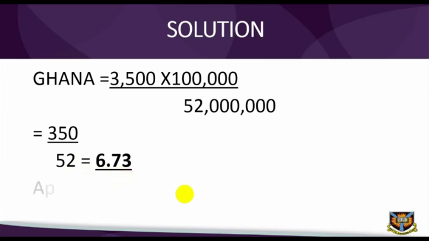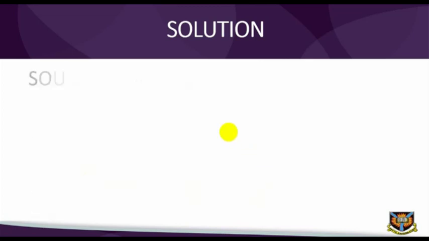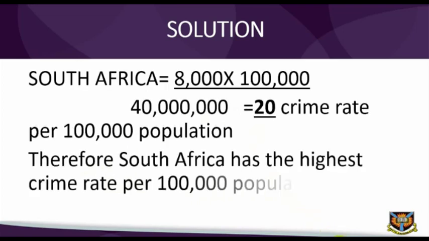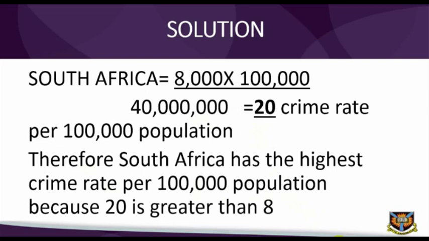South Africa is equal to 8,000 times 100,000 over 40 million is equal to 800 over 40 is equal to 20 crime rate per 100,000 population. Therefore, South Africa has the highest crime rate per 100,000 population because 20 is greater than 8.